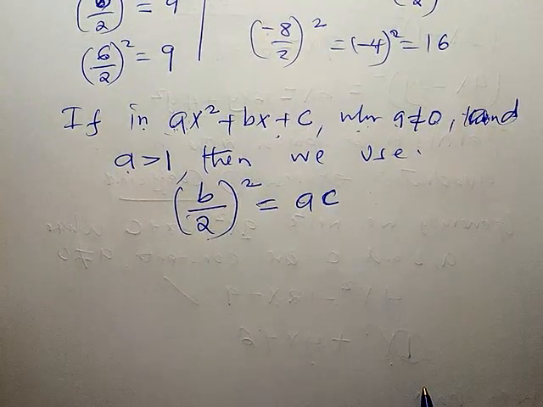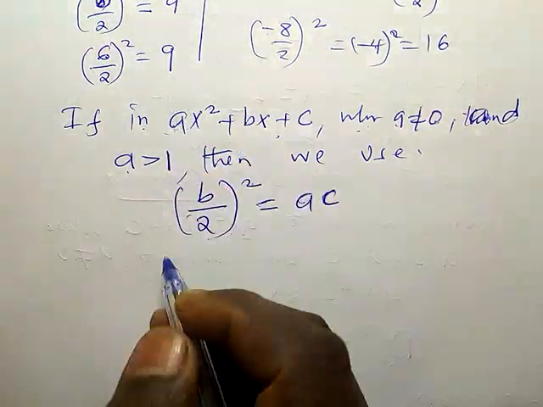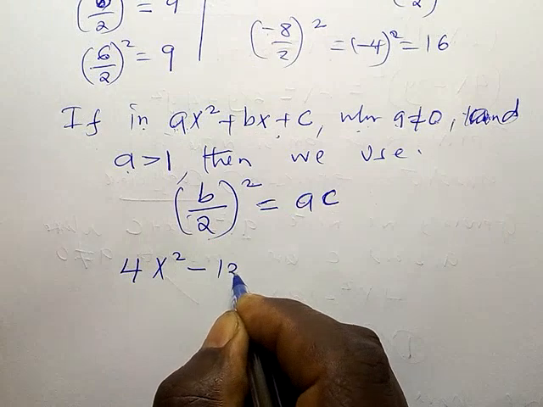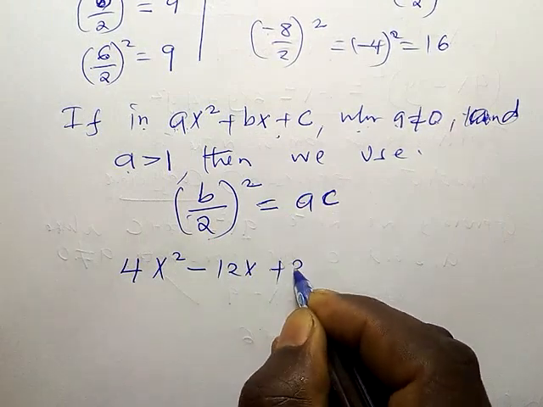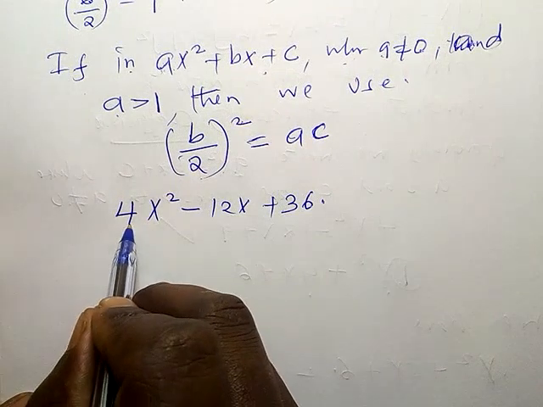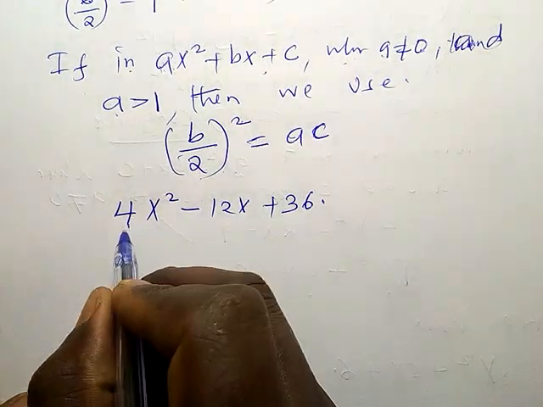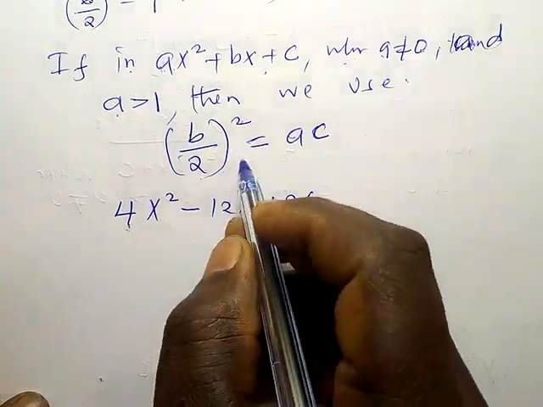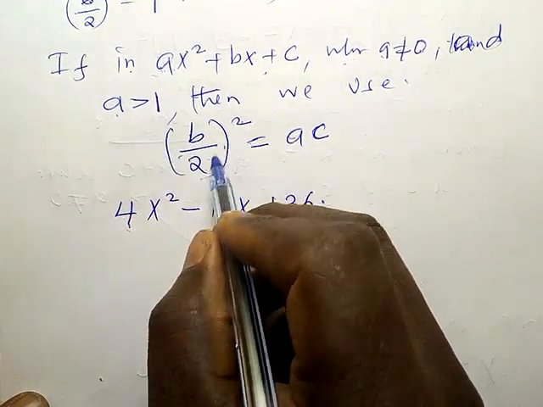So let us look at an example. Let me give an example of this expression: 4x squared minus 12x plus 36. Now, because our expression here, as you can see, has a coefficient more than 1, it qualifies to use this formula.